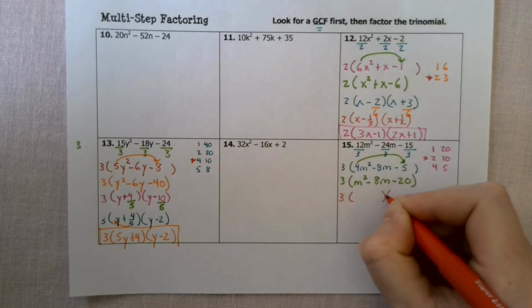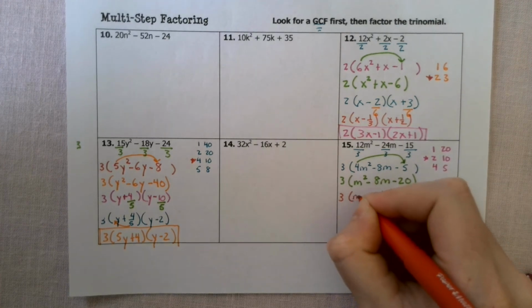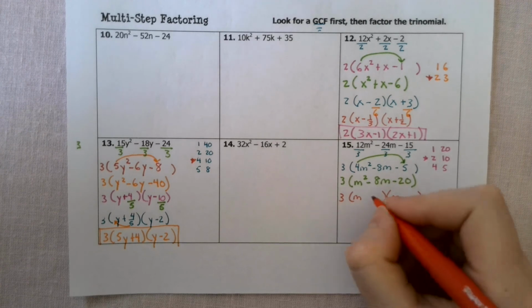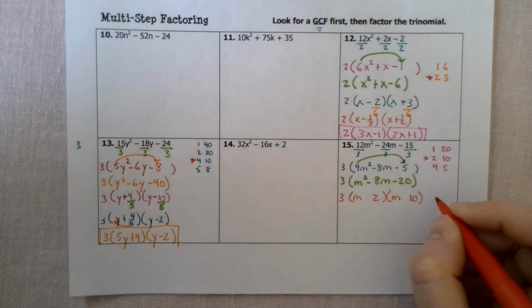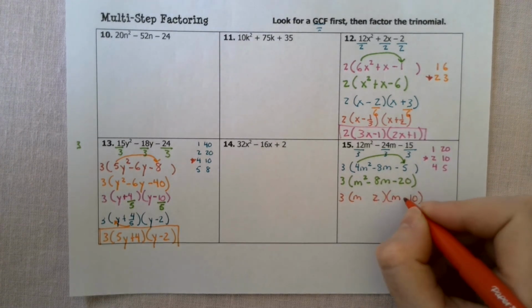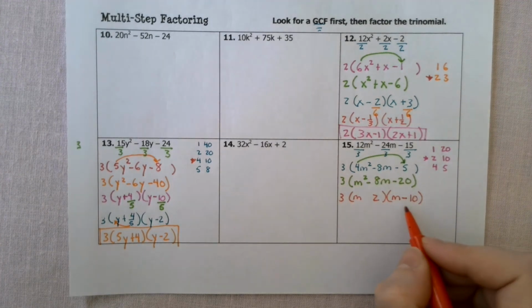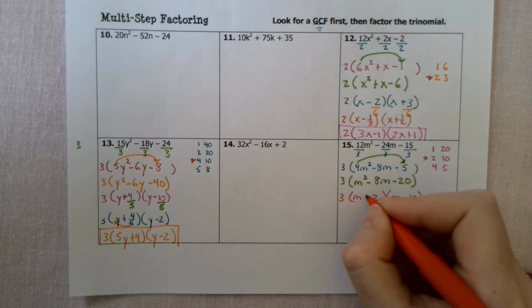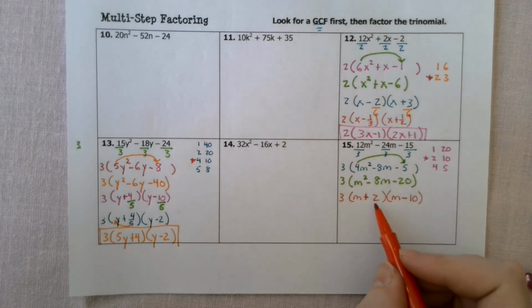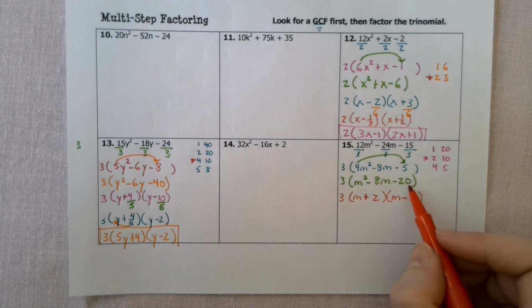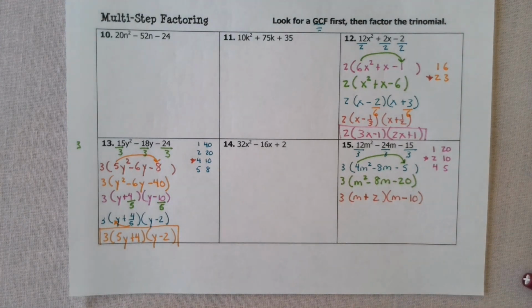Write your 2 parentheses. Put an m in both. Put your 2 and your 10. Your larger number will always take this sign. And we have negative 10. We need to get to negative 8, so this needs to be positive. Positive 2 times negative 10 will give you negative 20.